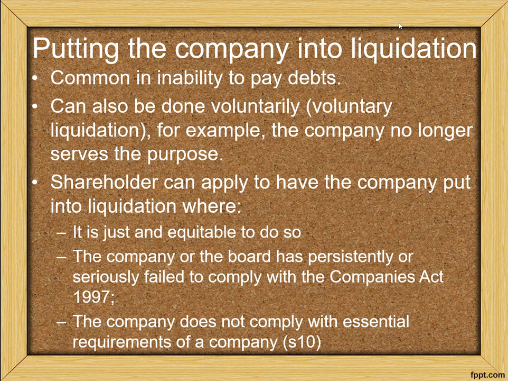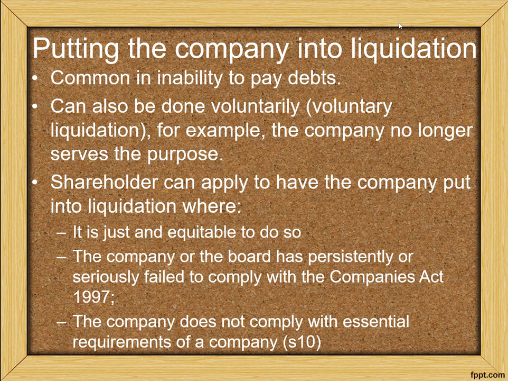But there is also what we call voluntary liquidation, which can be requested by the shareholder. Of course, there must be grounds to apply for it. For example, if the company no longer serves its purpose, the shareholder can ask for voluntary liquidation.